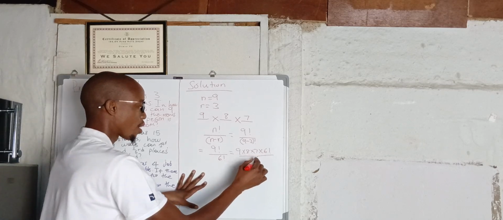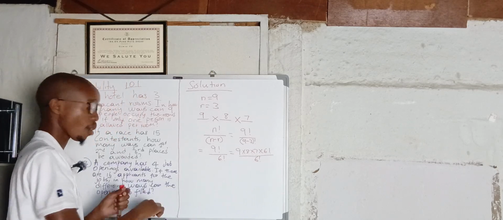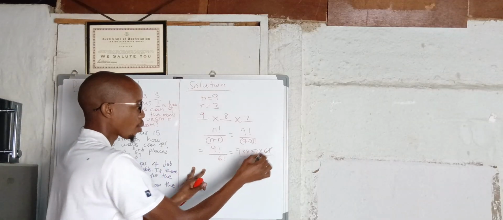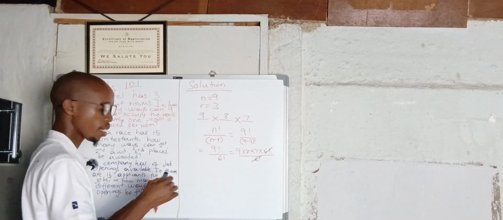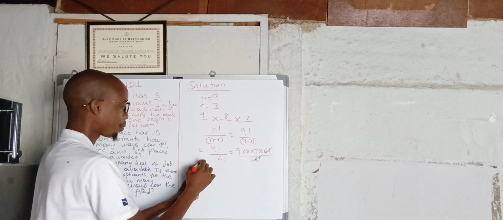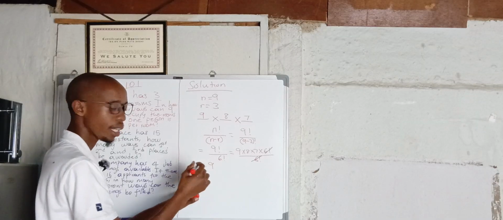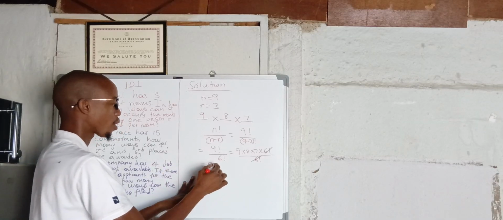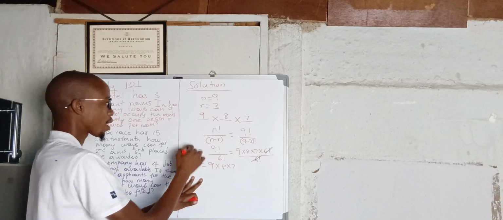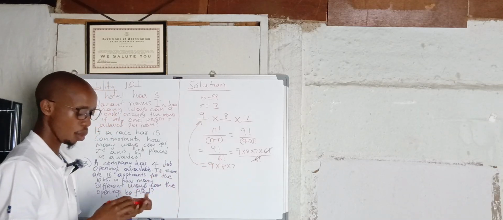We have 6 factorial. What can we do with this? We can divide out 6 factorial. And then, a step before the final answer, 9 multiplied by 8 multiplied by 7, which is exactly what we did there on top.